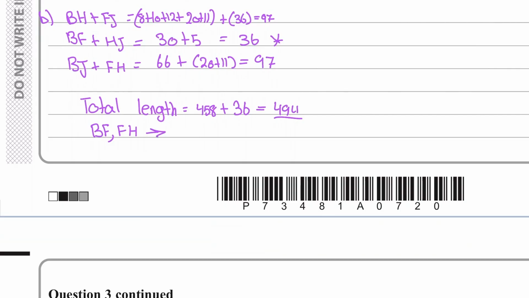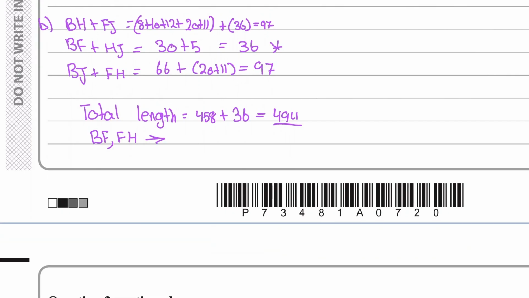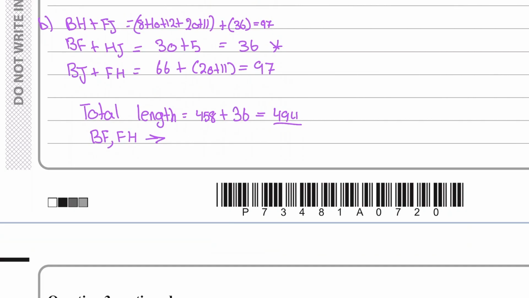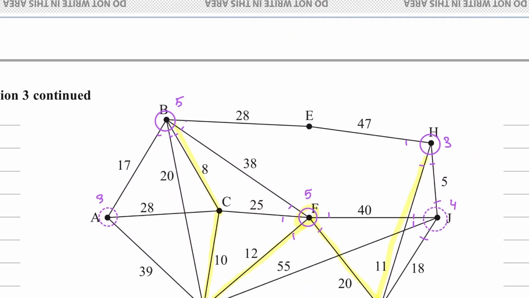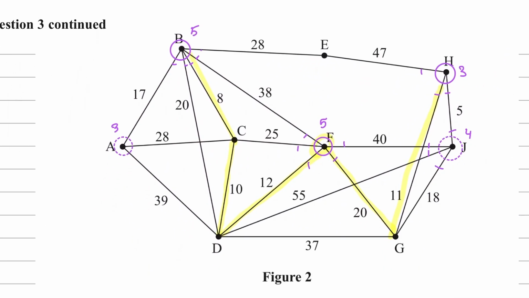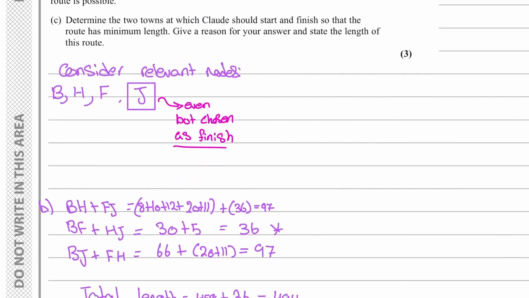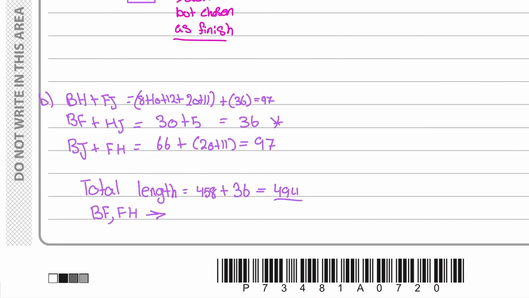But I think in the mark schemes it needs to be more accurate than this. So we want to state the arcs that take me from B to F as well. So it's going to be, let's go back here, BC, then CD, then DF. So let's just write that down. BC, then CD, and then DF.